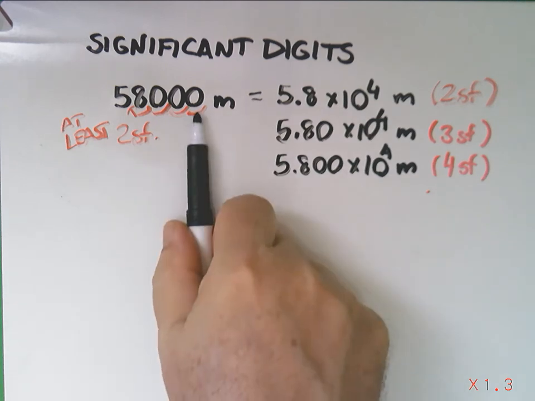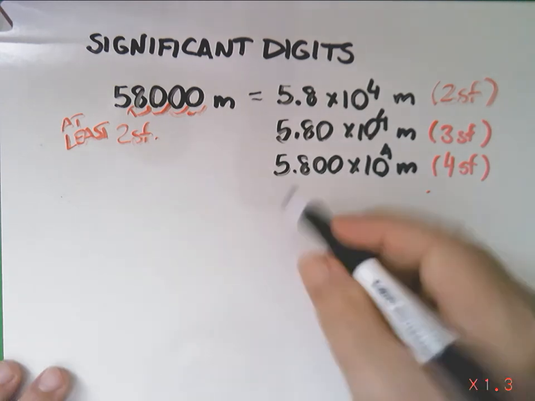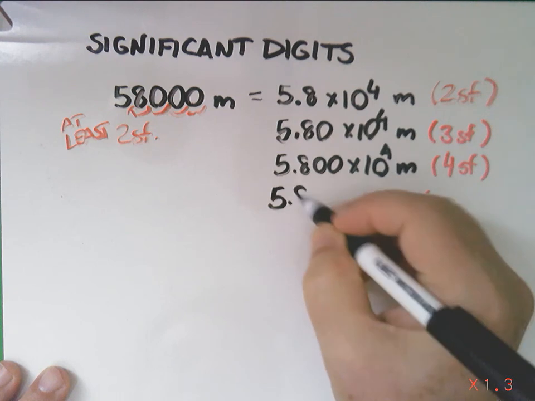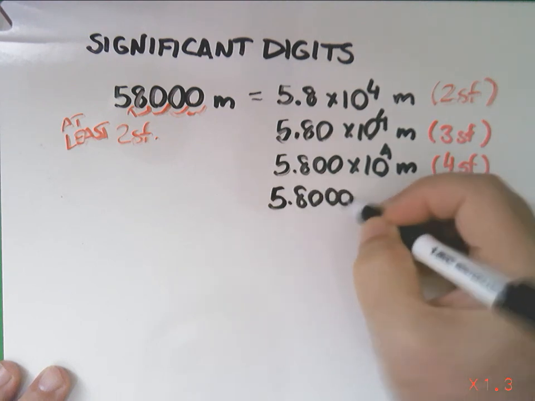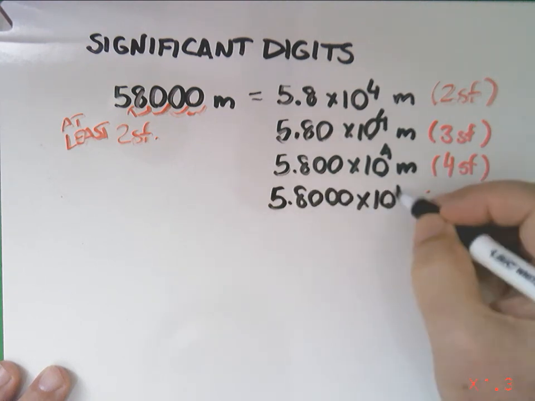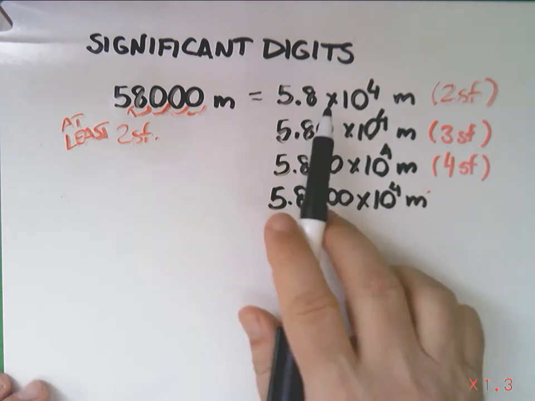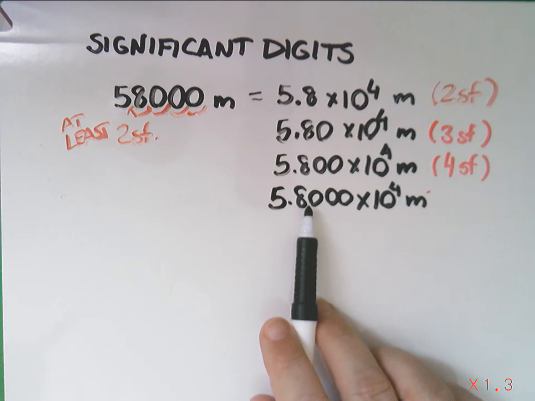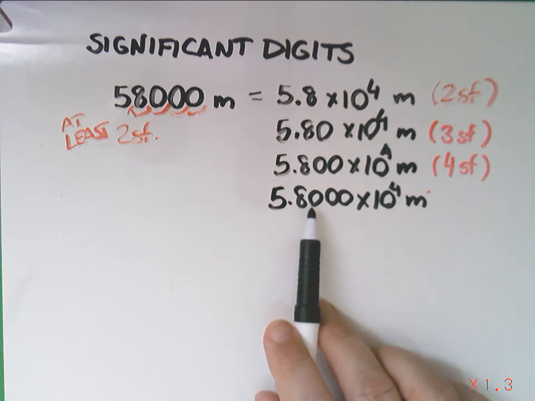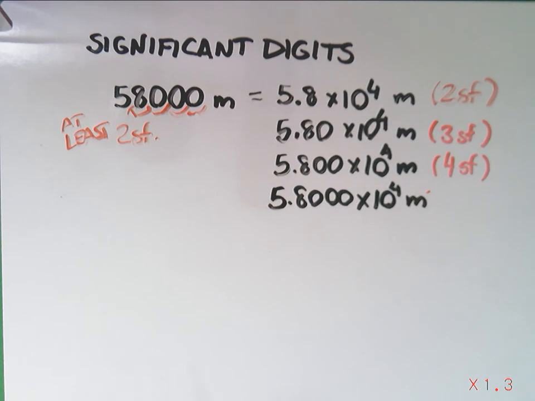If I had measured this to the nearest meter, I could write it that way too. So the person who's measured this can show how many significant figures the reader should know that they've measured it out to using scientific notation.